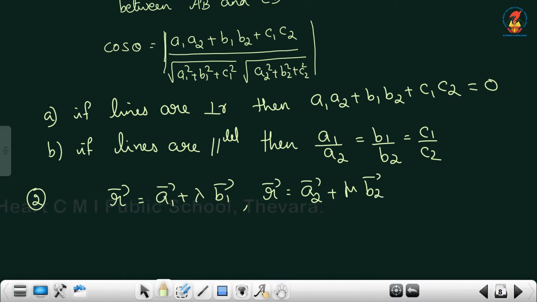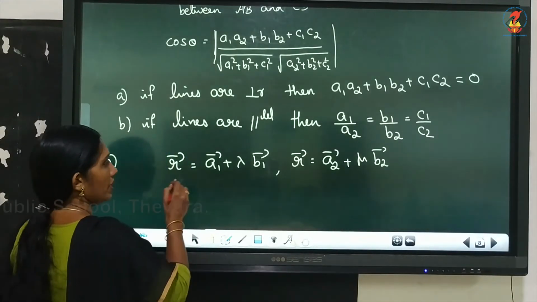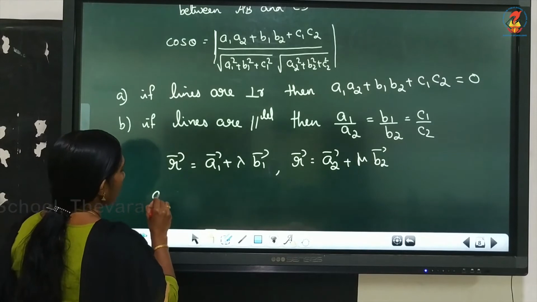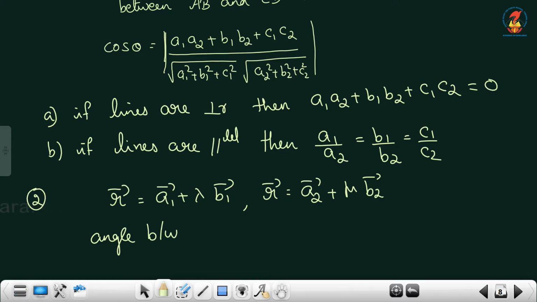So two lines, vector equations are given. Then the angle between them, cos theta is equal to, okay, you have to multiply B1 and B2. Okay, when we calculate angle between them, this point is not at all important.